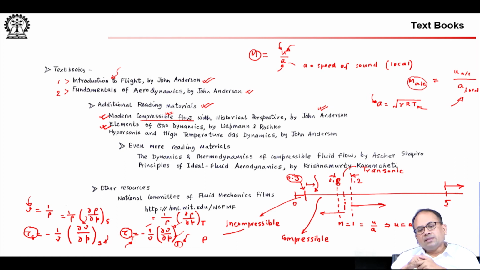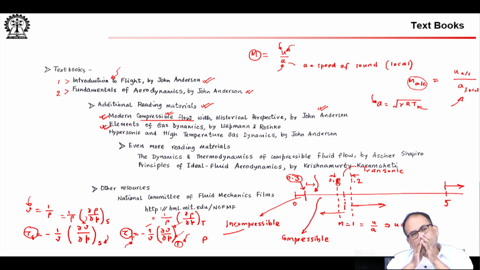And in this additional reading material, the last one is Hypersonic and High Temperature Gas Dynamics by John Anderson again. As you see on this number line, if you go above Mach 5, it is still supersonic. Anything above Mach 1 is supersonic.